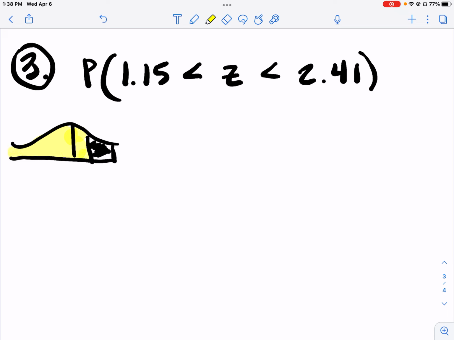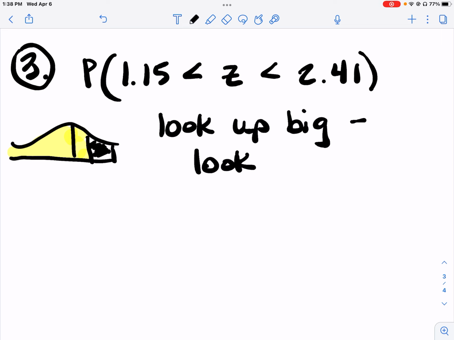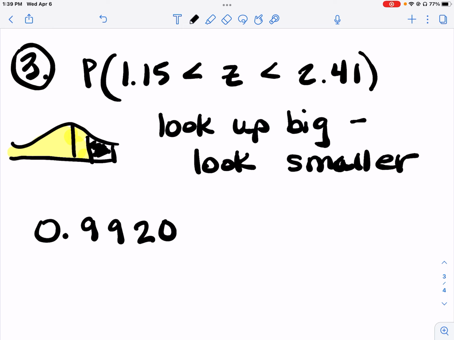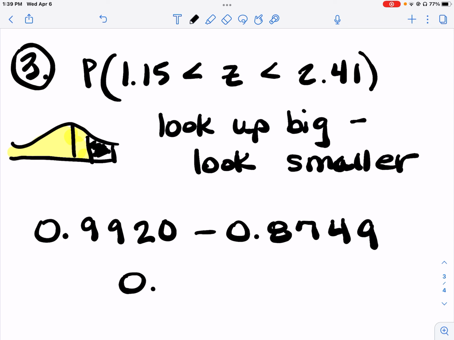Okay, what's below the lower number. So we're going to look up the bigger one minus, look up smaller. Okay, so we look up 2.41, we get 0.9920. Subtract, look up our smaller one, and that is our answer.